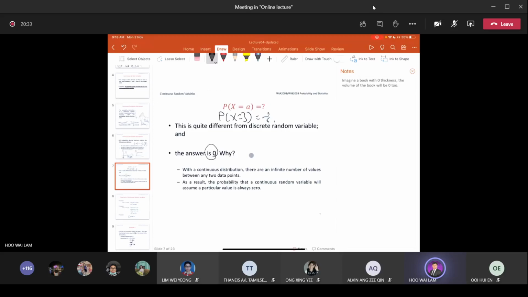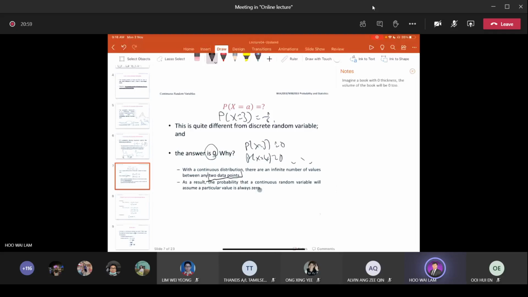Why? Every time you calculate the probability of one particular value of your random variable, the outcome will always be 0. That means the probability of x equals 3 is 0, the probability of x equals 4 is 0, and so on. Why? Because with a continuous distribution, there are an infinite number of values between two data points.